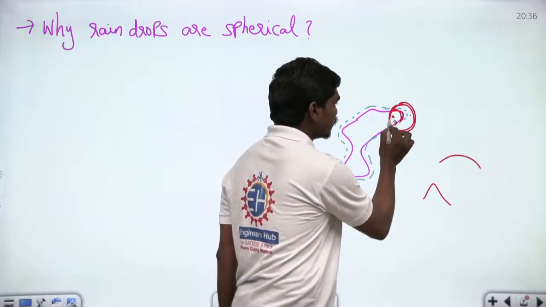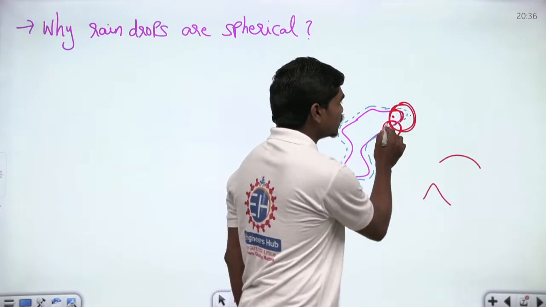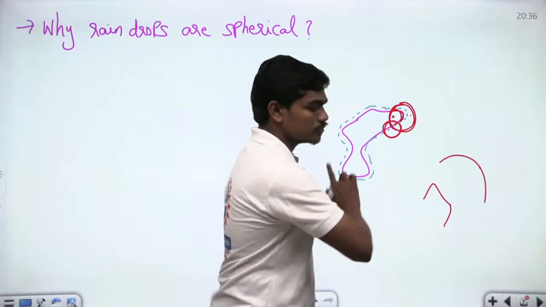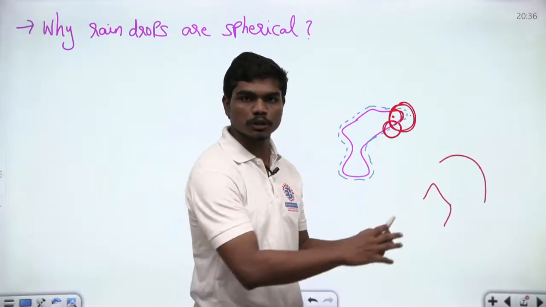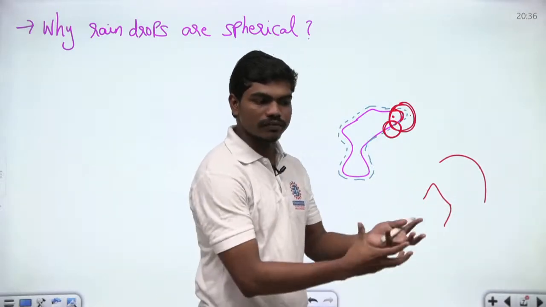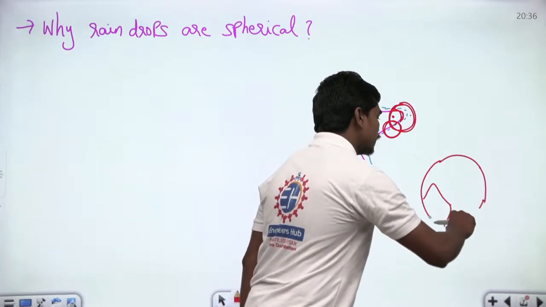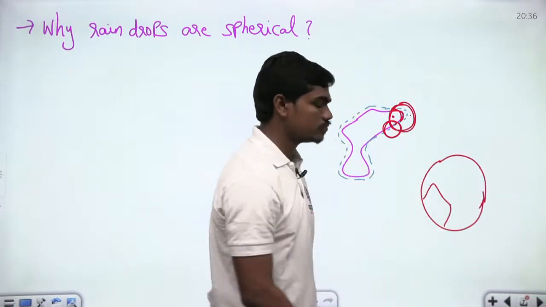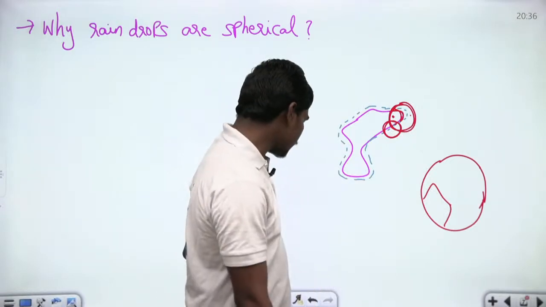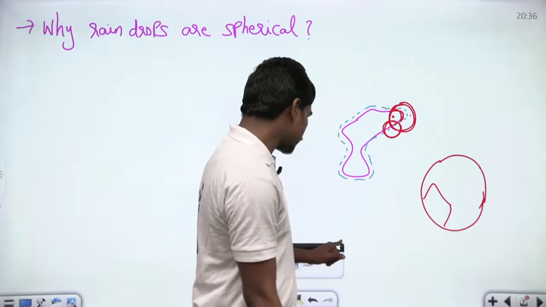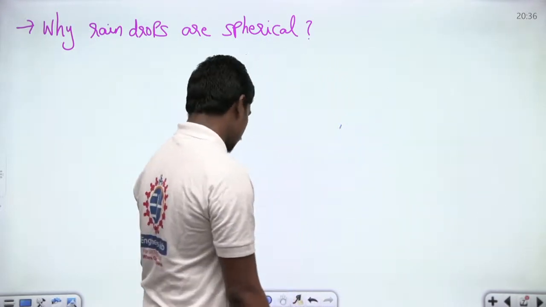Similarly, if you take this into consideration, this molecule which is initially like this will also become circular in shape because of the stretching of the surface. So finally, if you keep on stretching continuously, you end up with a sphere. That is the reason why raindrops are spherical. Let us emphasize this.